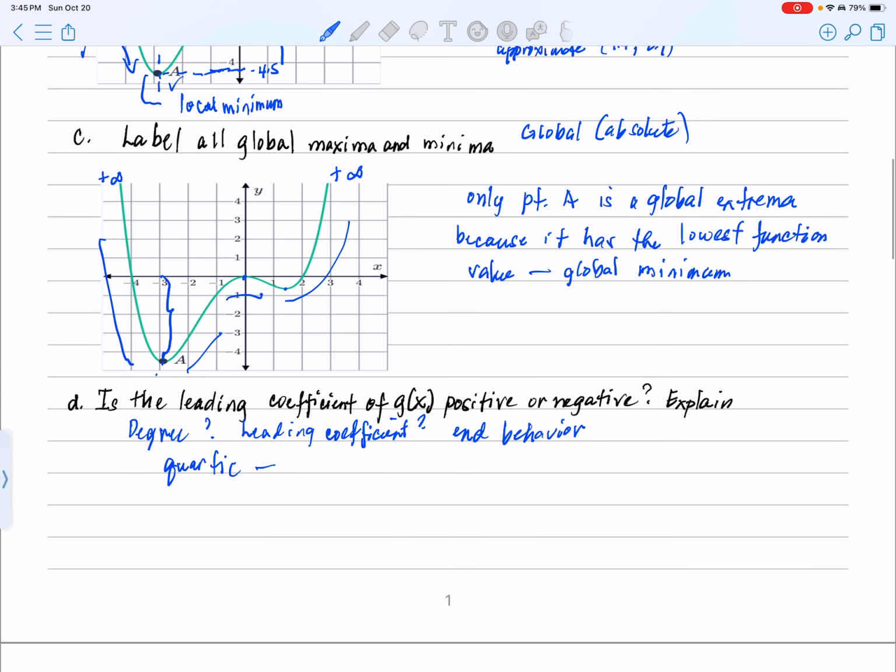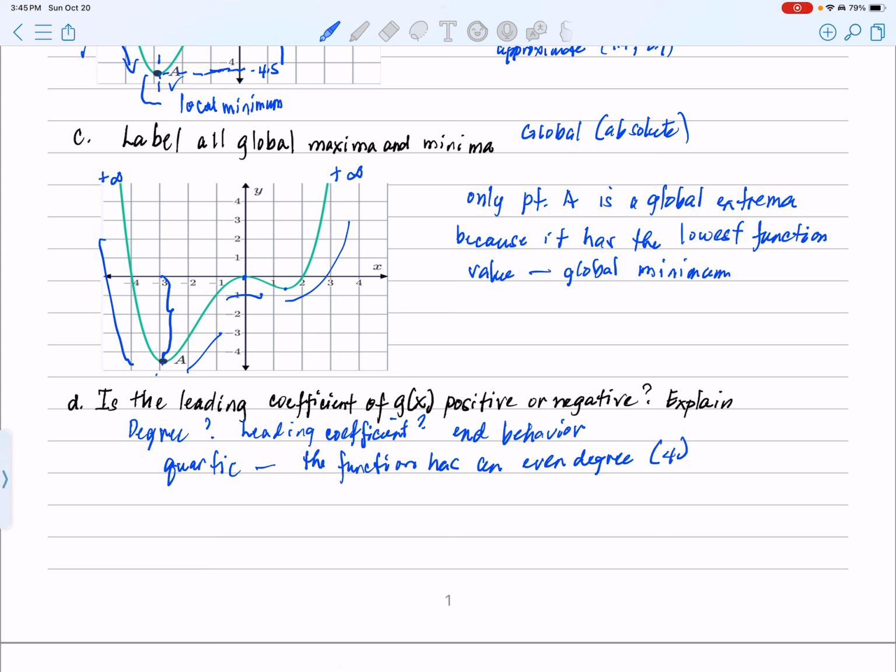So the degree of the function, we could tell it's quartic, has an even degree. And what is our degree? The degree of 4.